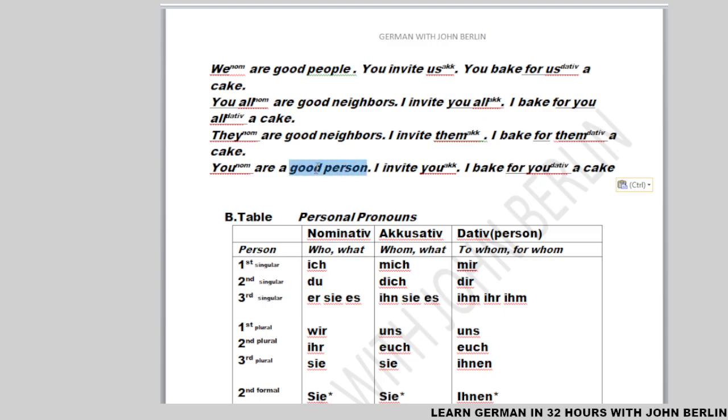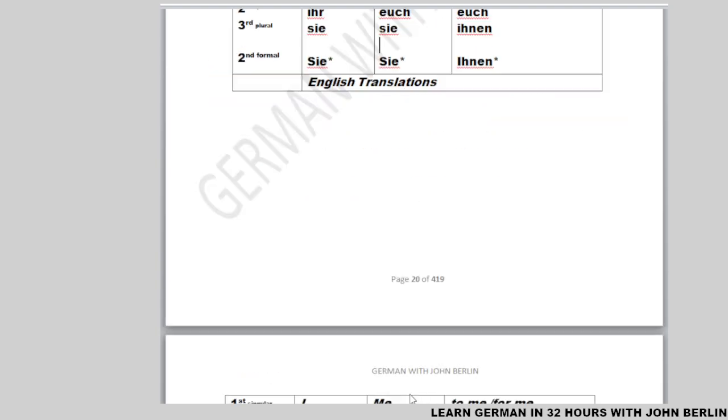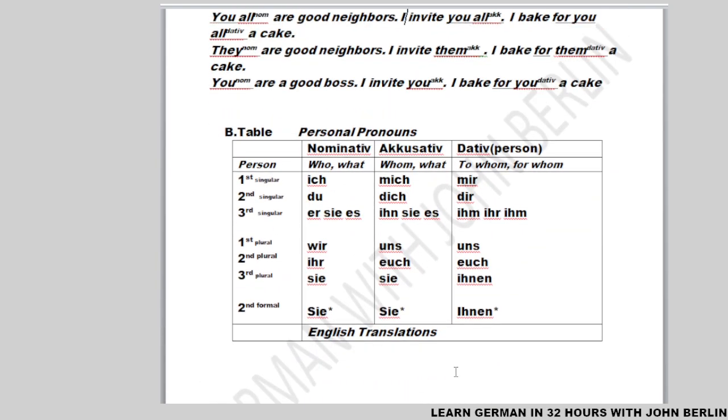Let's say you're a good boss, talking to the boss, so you might be more formal. So you would not say du, you would say second person formal, which is written in the last row. So we are looking for you formal, you as a direct object formal, and you formal as an indirect object. Let's underline it.